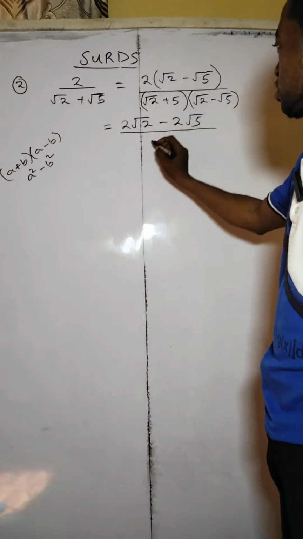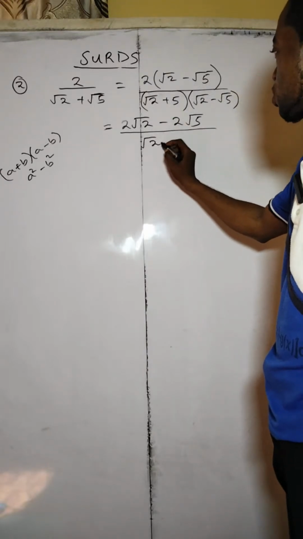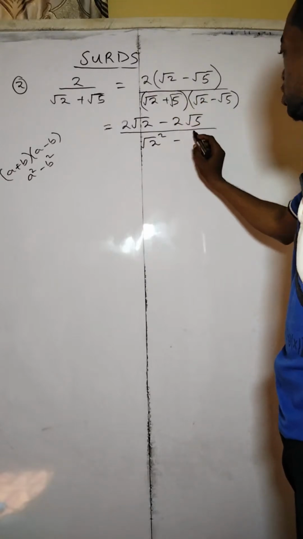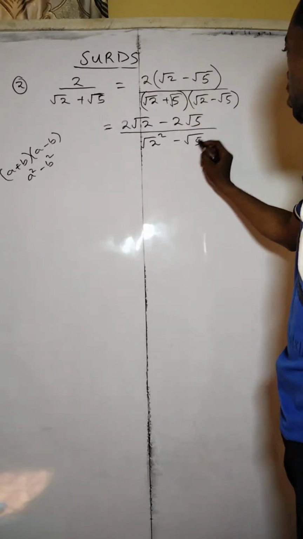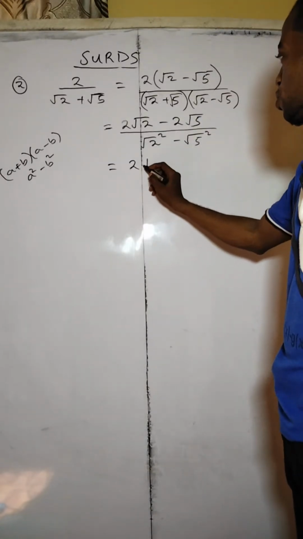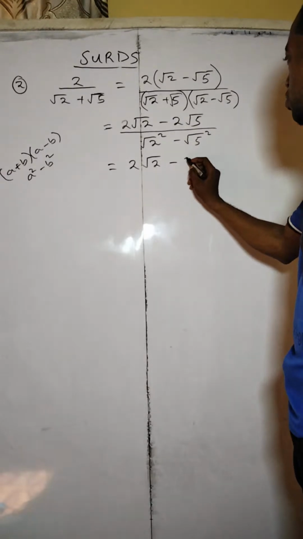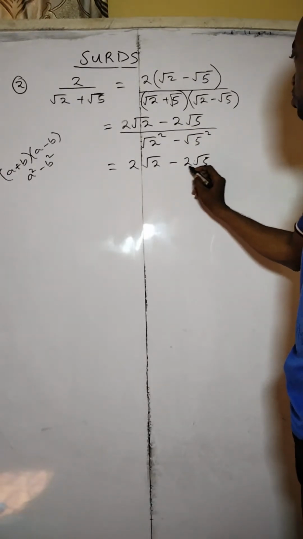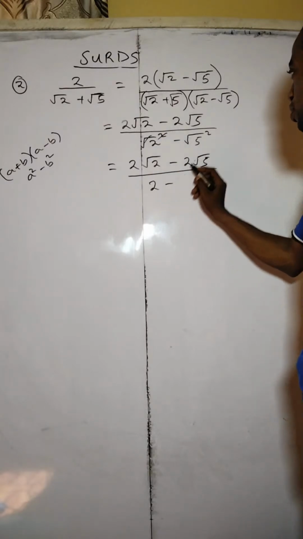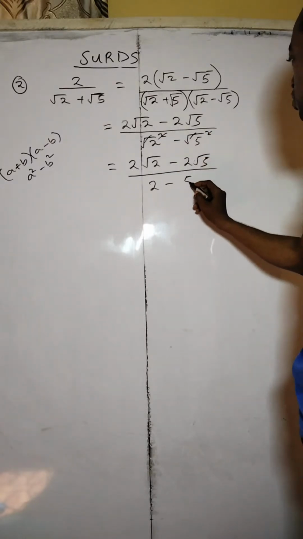Which implies here, we can write this as root 2 square minus root 5 square. And what we have up is still same thing as 2 root 2 minus 2 root 5. Then over here, square cancels square root, we have 2 minus, square cancels square root here, that's 5.